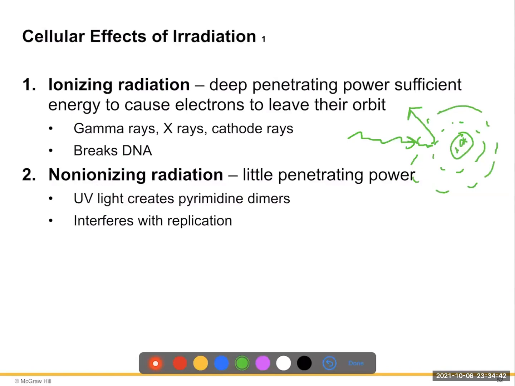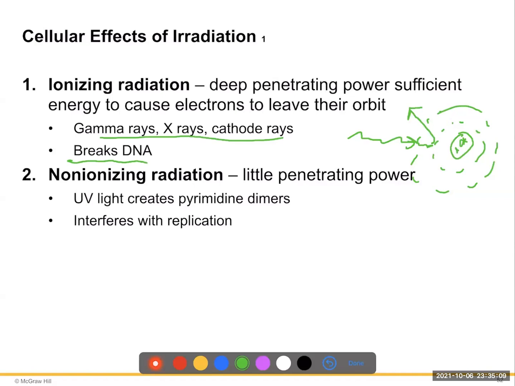Gamma rays, X-rays, cathode rays, all those are ionizing radiation that put electrons in what's called an excited state. They leave their ground state. And this is what breaks the DNA inside the cell. So that's the damage that radiation does.